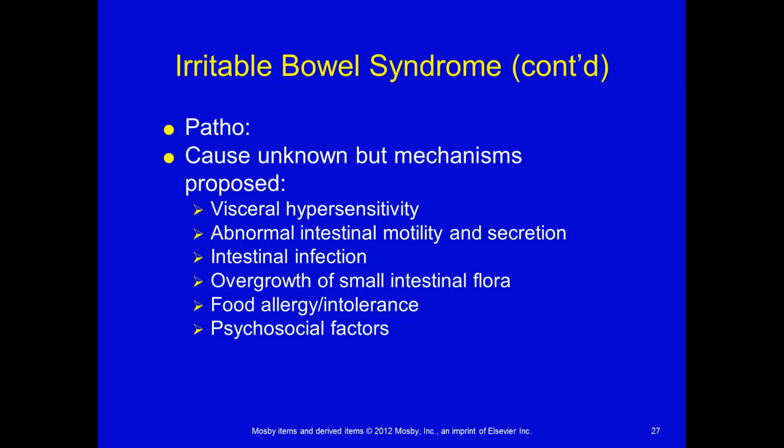This is more of just irritability of the bowel to cause the increased or decreased motility and increased or decreased transit time. And then there can also be some psychosocial factors that play into irritable bowel syndrome as well. Those influences can certainly impact the brain-gut interactions and play a part in those neuroendocrine reactions as well.